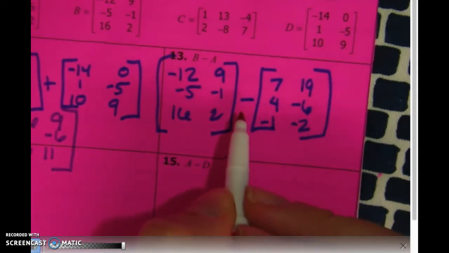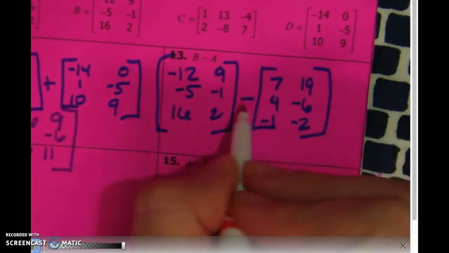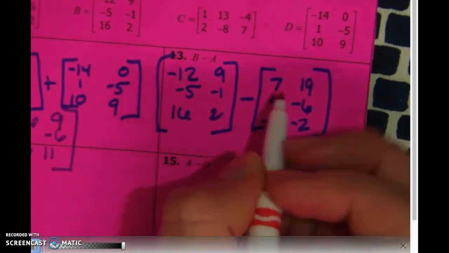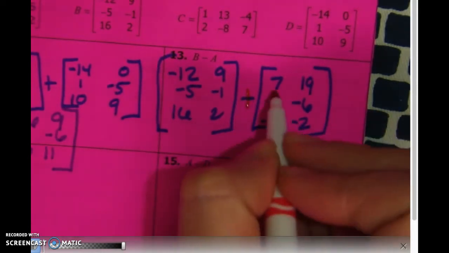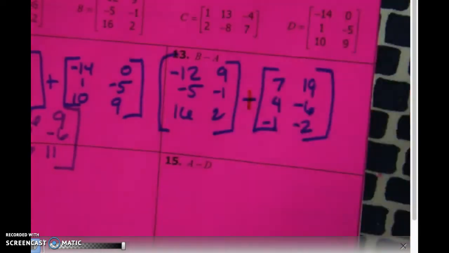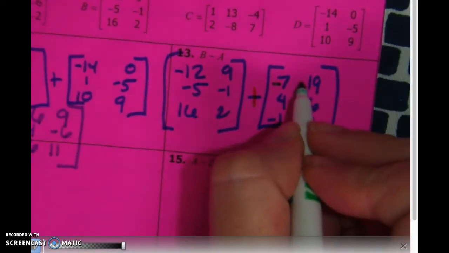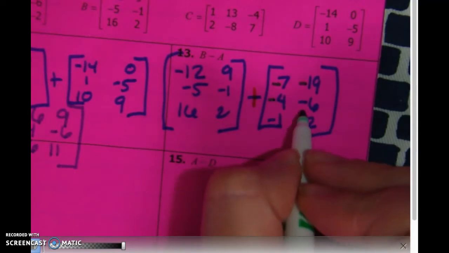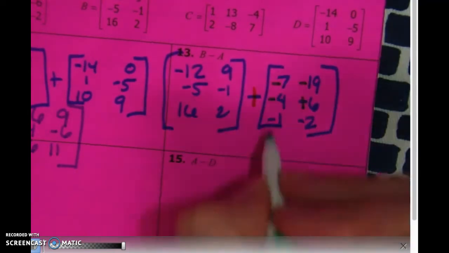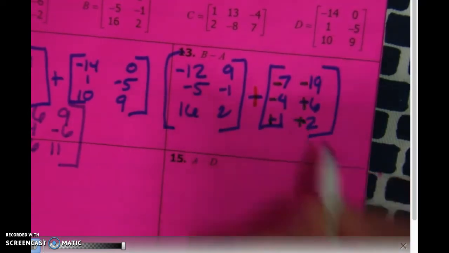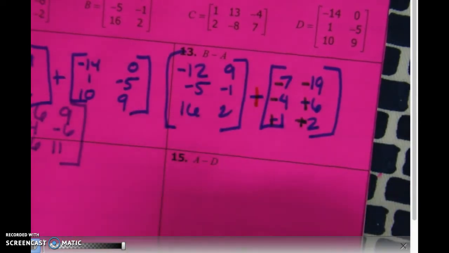So to make my life easier, I'm going to do that for every problem. I'm going to change this subtraction to addition, and then I'm going to do the opposite of all my signs. Opposite of 7 is? Opposite of 19 would be negative 19. Negative 4, that would make it positive 6. Positive 1 and positive 2. Then I can go back and just add.